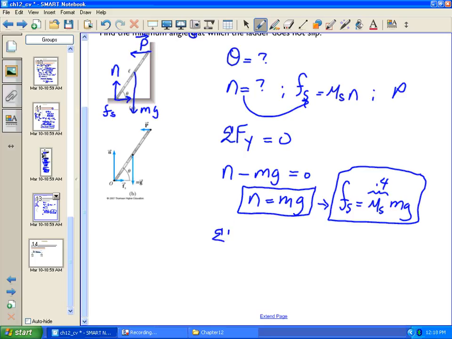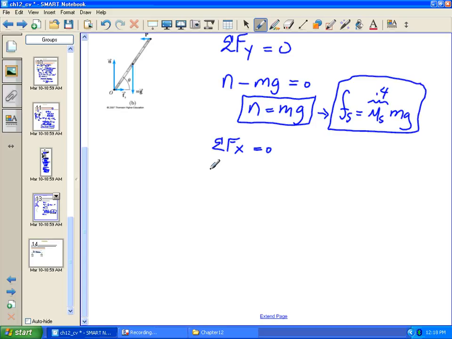All right, what about Newton's second law in the x direction, setting that equal to 0? Well, here we've got minus P, which is entirely horizontal, plus F sub s, which is mu s times mg, equaling 0. Well, this then tells us that P is equal to mu s mg.